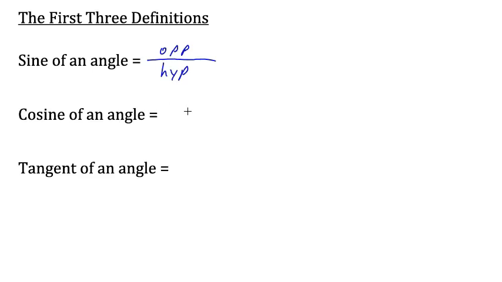Now the cosine of an angle is the length of the adjacent leg over the hypotenuse. And the tangent of an angle is the length of the opposite leg over the length of the adjacent leg. So we see here that even though sine, cosine, and tangent have mysterious names, they just equal fractions.